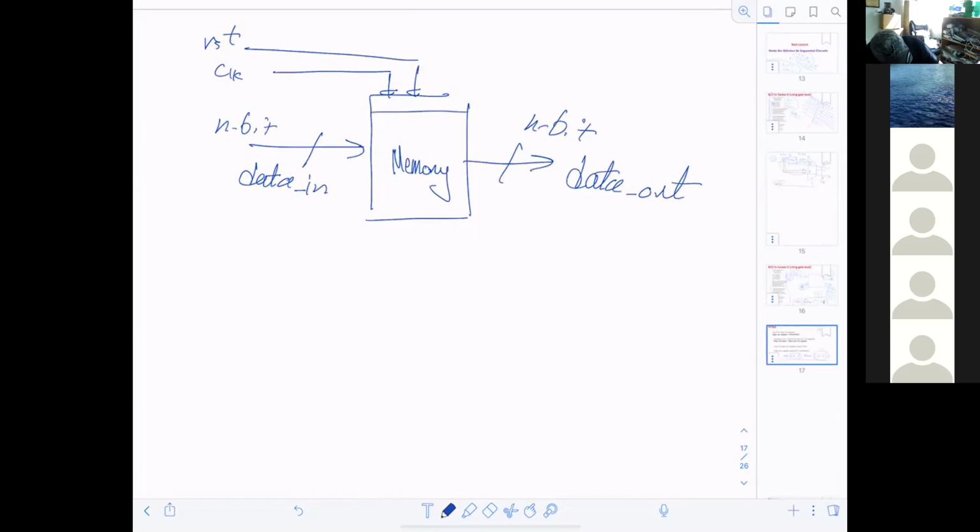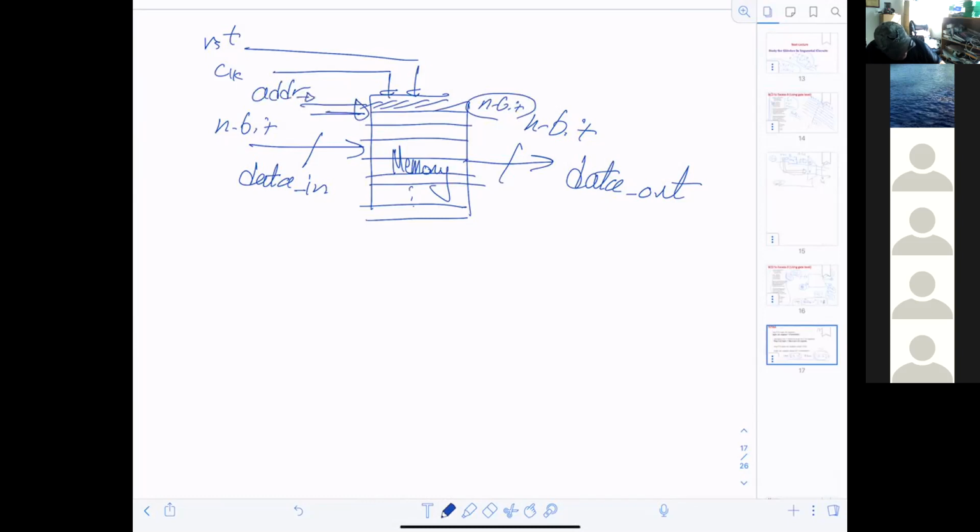So the memory is like this array, and each of those is n bits. Also, I need a pointer, which I call the address bus. In that case, I have to be reading or writing.